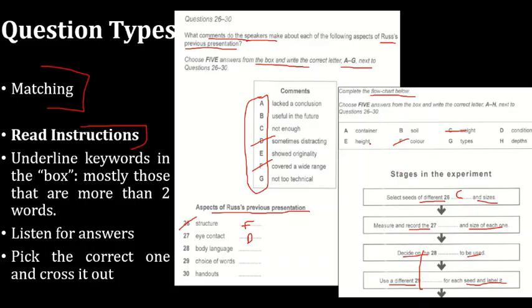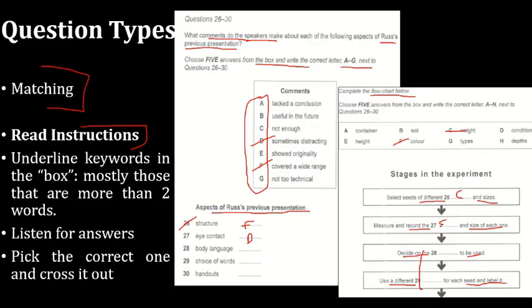You can record height in figures. You can record color as in the type of color. Likewise, you can record depth as in how deep something is. We can record even weight. So it depends on what the speaker or the speakers will talk about, and you just pick your answer.